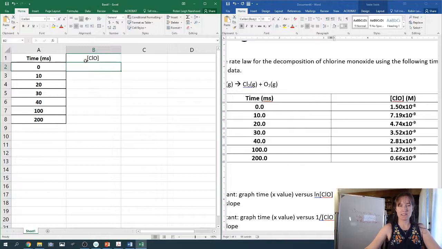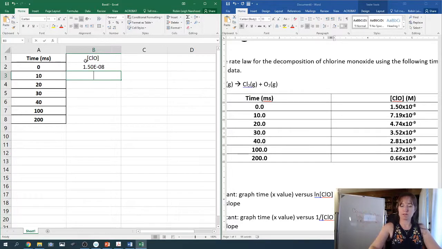To use scientific notation in Excel, you type your number first and then you just do the letter E, and Excel reads that letter E as times 10. And then you do -8. That reads it as scientific notation.